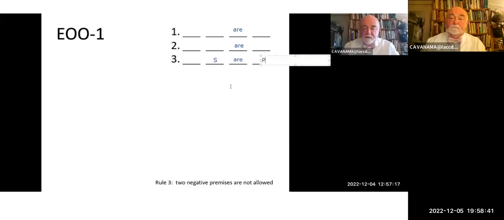Okay, and now our quantifiers: E is no, and O is some, but also some not. Remember, some not, and O here is some, and also not.